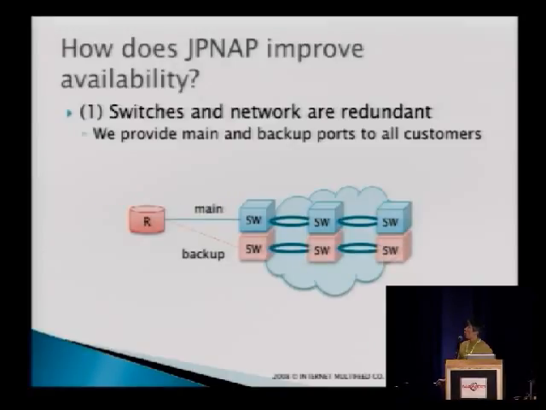And also we provide a main port and a backup port to all our customers. And inside the network, we are using some kind of redundant protocols to maintain that this network is available.